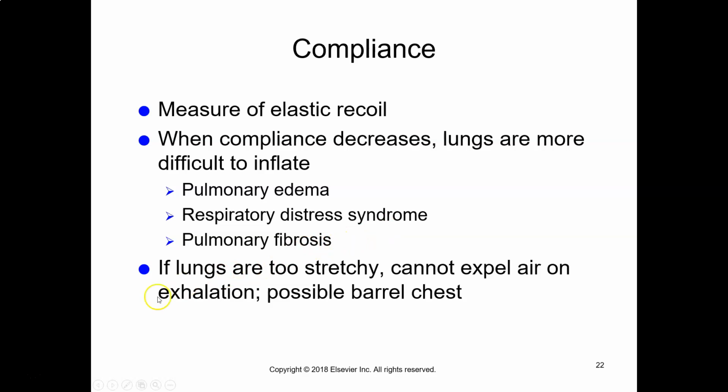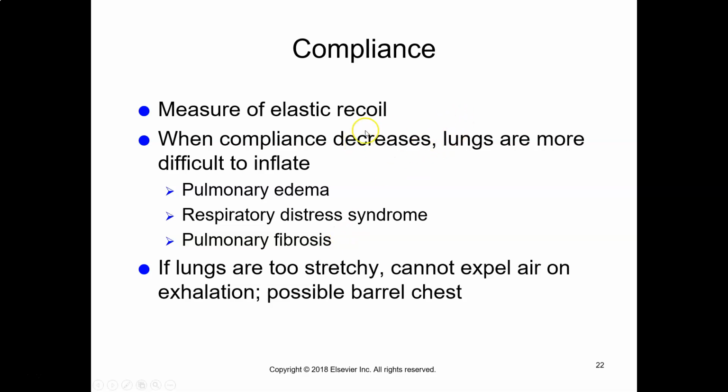Pulmonary fibrosis, a certain part of the population has fibrosis. I had a very good friend that had that, and he got a lung transplant. So their lungs become thick with fibrosis, and they can't inflate and deflate their lungs correctly.